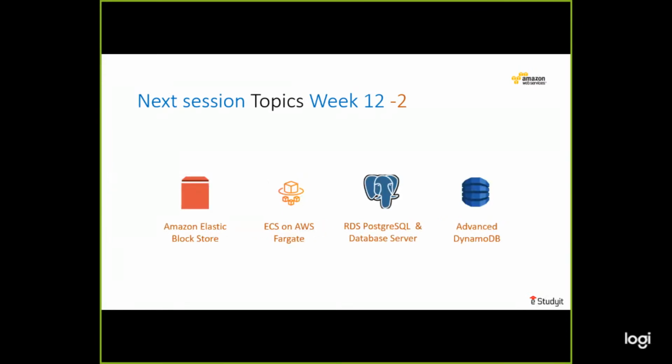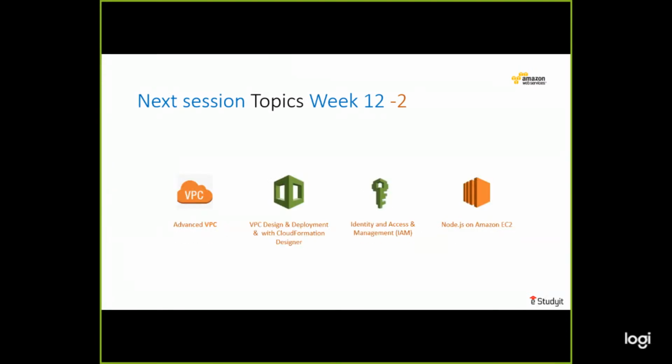We covered this at the beginning, so what we're going to cover next session is advanced VPC. What we just mentioned is the introduction, definition, and availability options for VPC, but we're going to take it to a higher level: how we use this and how we integrate subnets within VPC, how we make it available or private, and how we can access between these two different types of VPC.